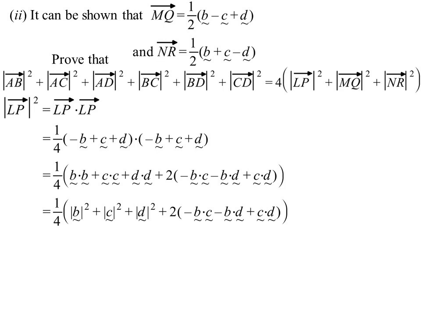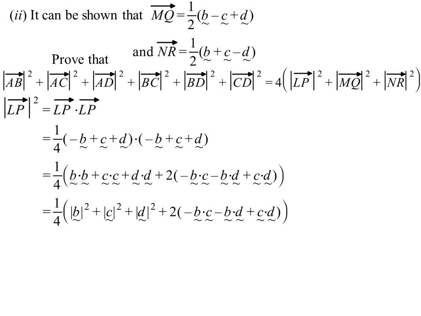And so, well, I know that would be the same as the vector LP dot the vector LP. Now, why do that? Well, in part I, they just said show that LP was this. So I kind of figured that, yeah, I'm going to use this. So that's where I'll start, by using that.